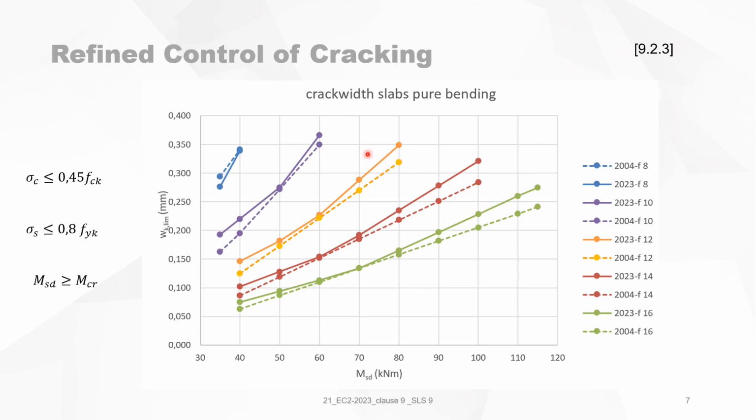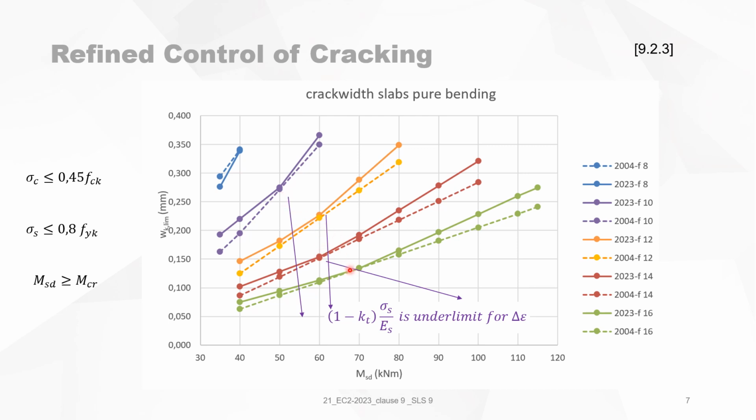And again, we will see here in most cases that the code in 2023 leads to a bigger calculated crack width. You will see here a point where the slope of the curves changes.